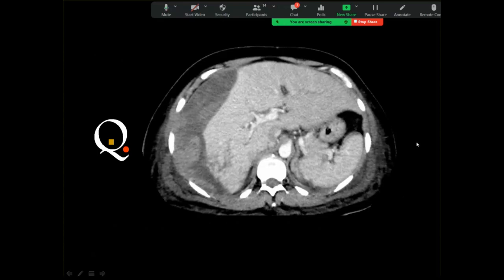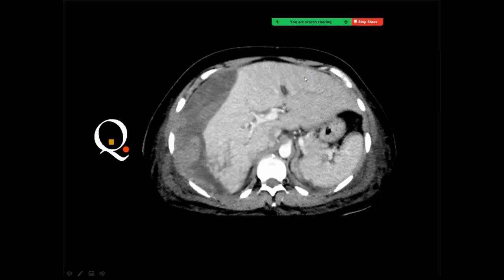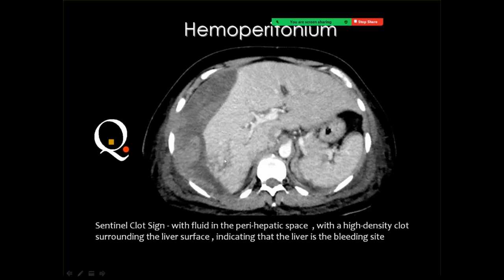Next case is an abdominal scan obtained after contrast injection. Subcapsular hematoma with laceration. Yes, very good. And this is a laceration in the right hepatic lobe of the liver. And there is a big subcapsular hematoma of different densities.